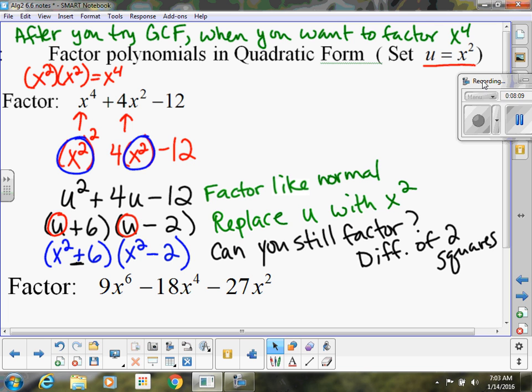So I don't have to worry about that. Now this one is subtraction, so that's a difference, but 2 is not a perfect square. If I take the square root of 2, I'm not going to get a whole number. So that's all I can do, and that's as far as I can factor. So I've taken something that we've never been able to do before, and I've made it very doable just by using u instead of x squared.